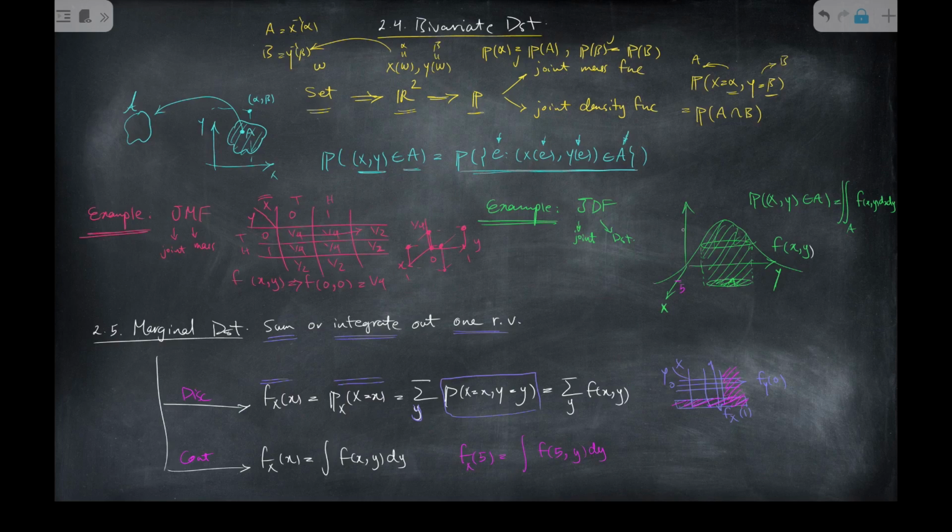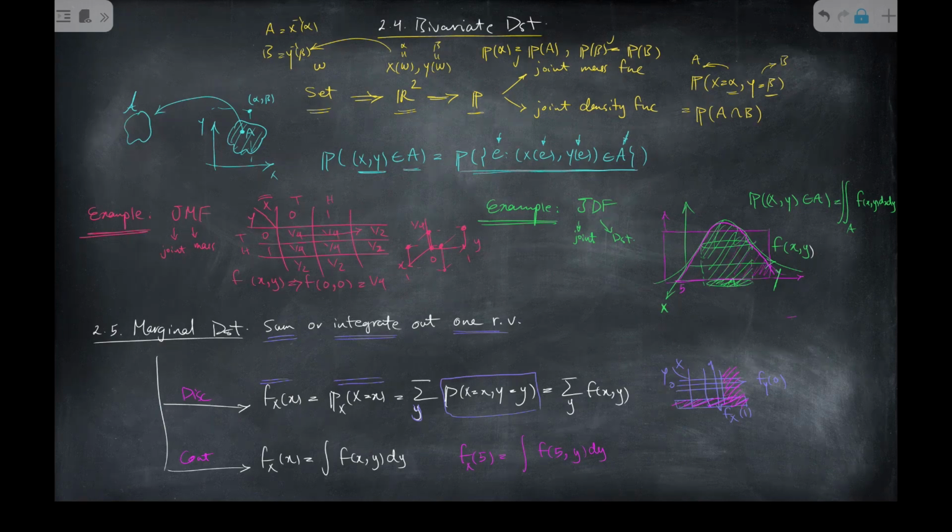So think about a plane at 5 that you pass through this 3D f, and you have this slice of the distribution. So this goes to infinity, this goes to infinity. So because of that, you have this slice of the distribution.